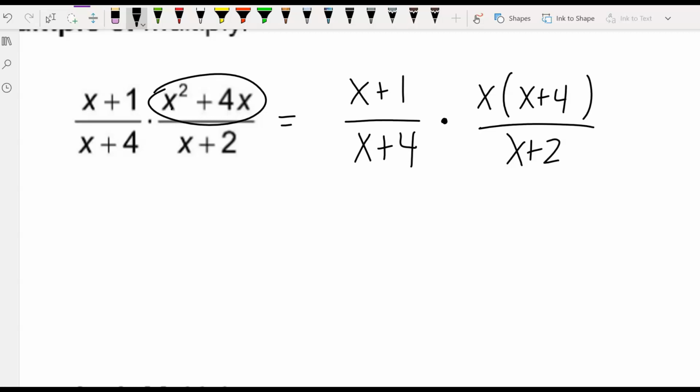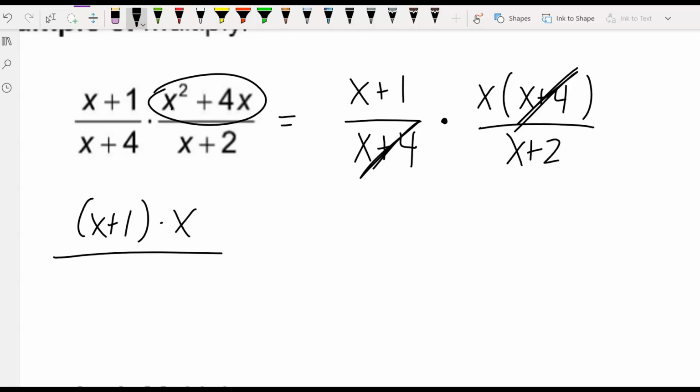Looking at simplifying. When it's in factored form, it's a little bit easier to simplify because we're not dealing with so many exponents. So these cancel. And then we don't have anything else that's in common on the top and the bottom. So we have x plus 1 times x over x plus 2.